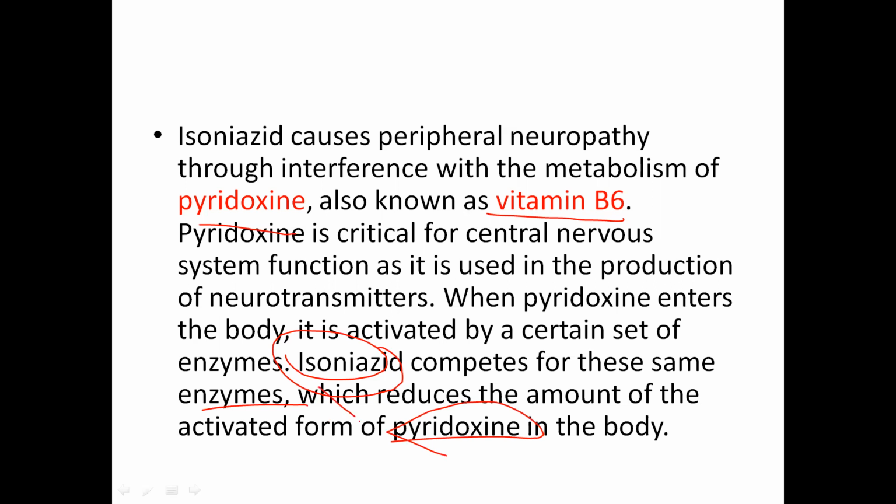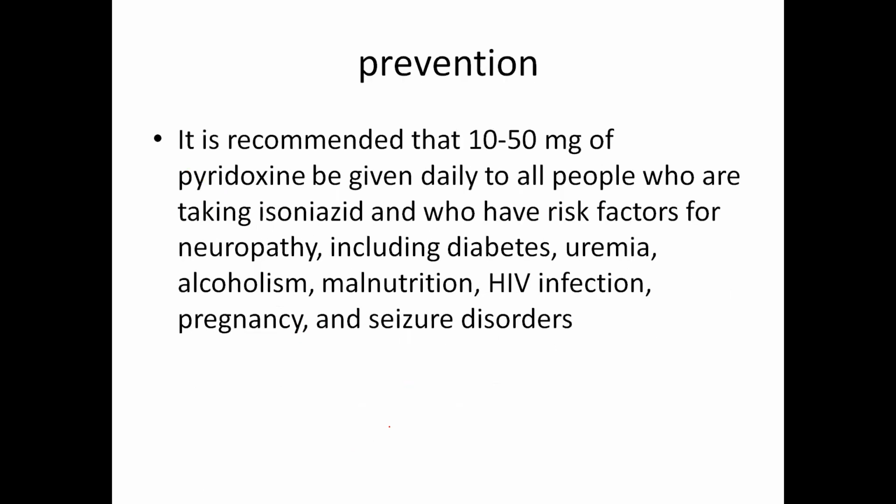So isoniazid causes pyridoxine deficiency. So how do we prevent this INH-induced neuropathy or peripheral neuropathy? By giving pyridoxine, or by supplementing pyridoxine. It is recommended to give pyridoxine to all people who are taking isoniazid and who have a risk factor to develop neuropathy, like patients with diabetes, uremia, alcoholism, malnutrition, HIV infection, pregnancy, and seizure.